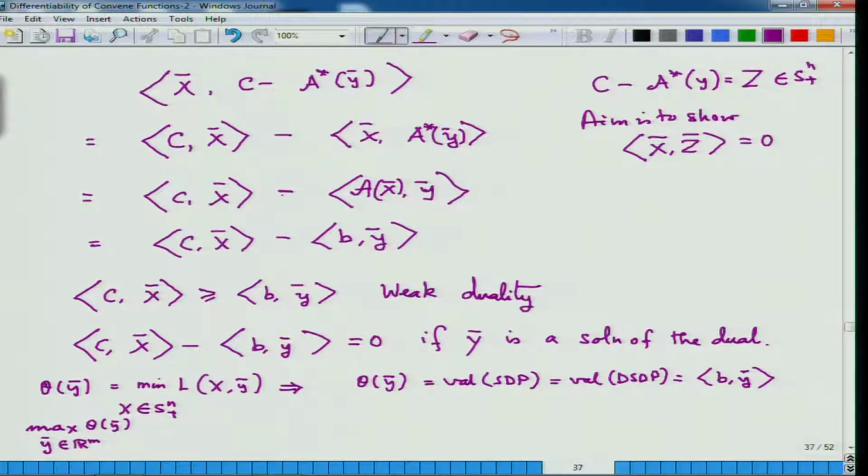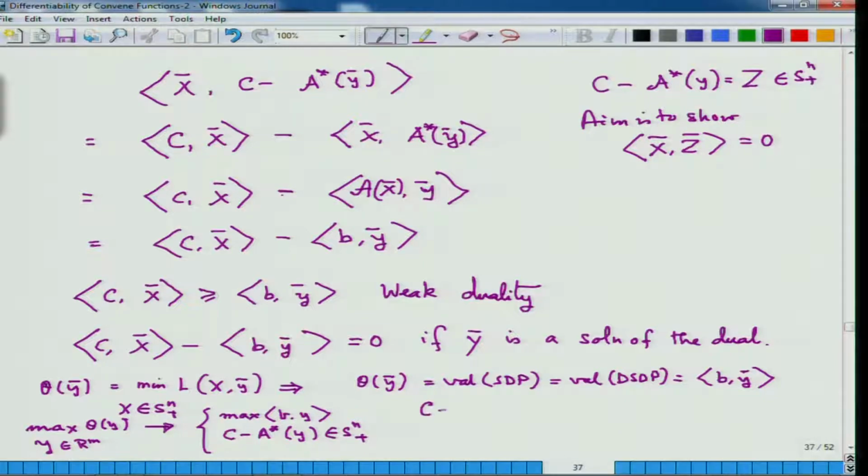Basically, the dual problem in our case is the same as writing maximize B y subject to C minus A star y is an element of Sn plus and y is an element of Rn. So, the minimum of this is equal to B y bar if this is true, but this is already true.